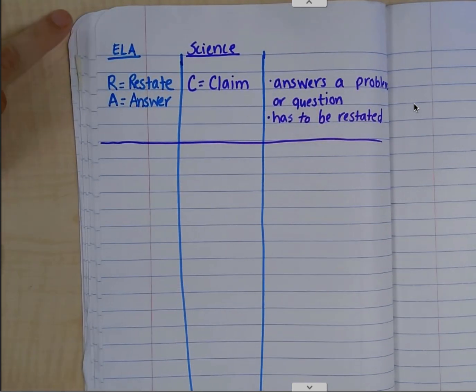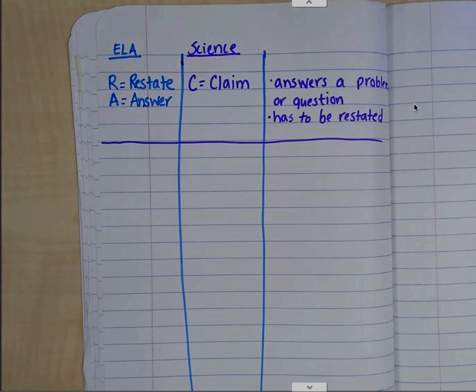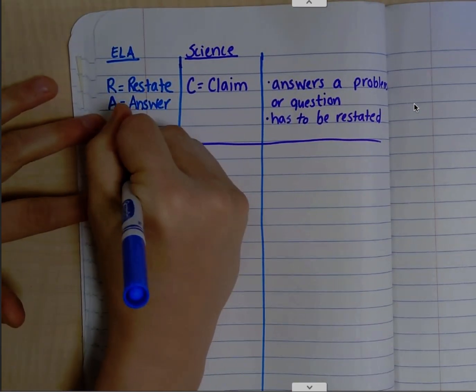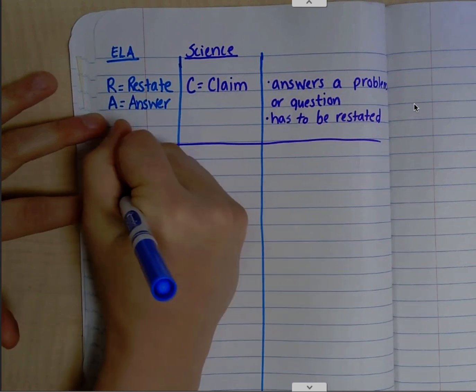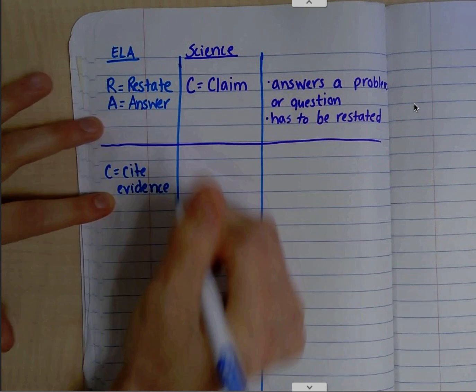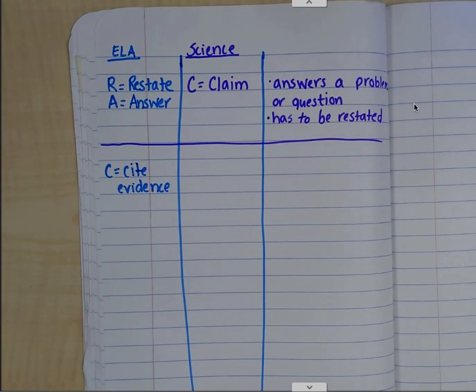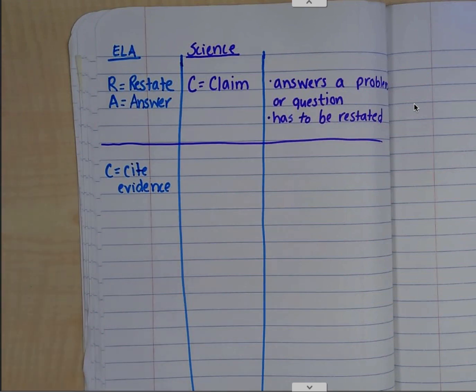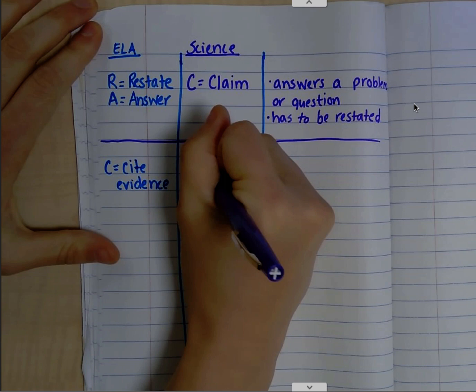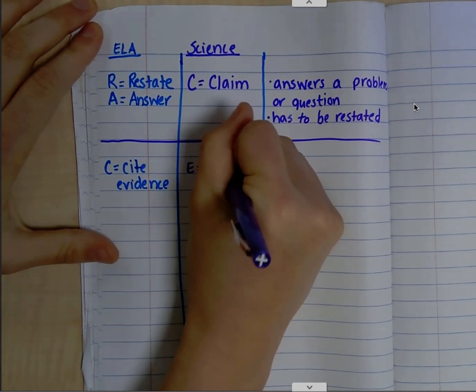So the next part after, when we're talking about ELA, is the C in race. And that stands for cite evidence. And so when I'm talking about in ELA, we just don't even say cite evidence, we just assume that it is. So we just call it in science, the E stands for evidence.